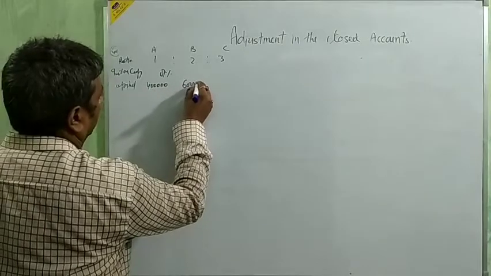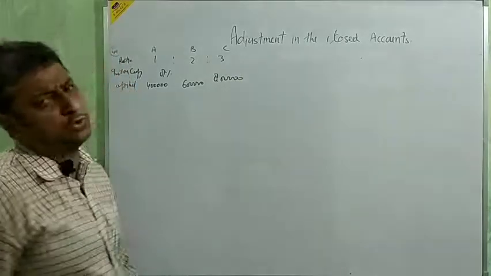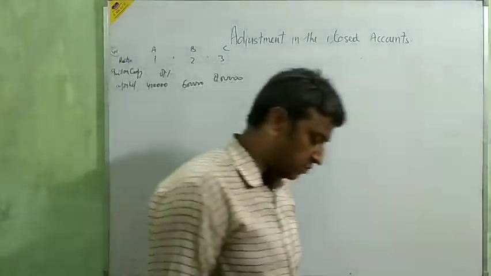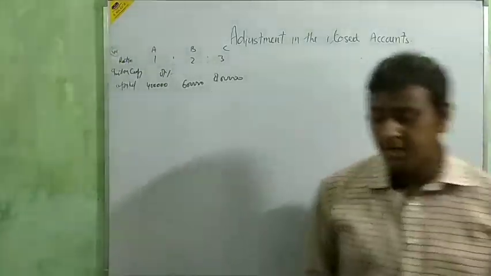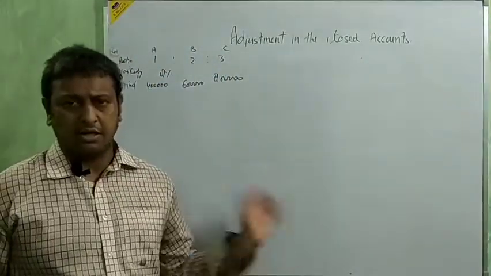4, 6 and 8. Okay, we are going to solve this. Only 2 years. The only difference between the last question and this question is related with the 2 years.